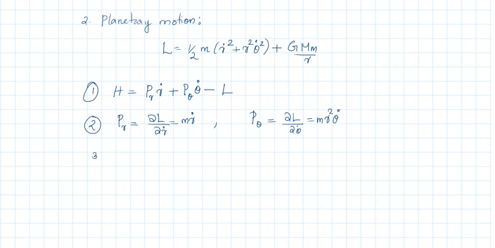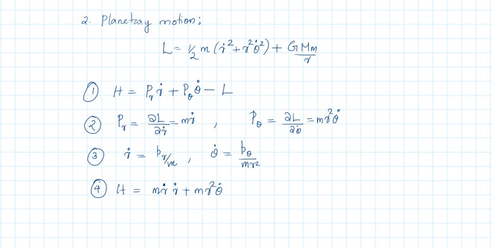In the third step, you can write the inverse relations: r dot is p r by m, and theta dot is p theta by m r square. In the fourth step, you can substitute back the values of p r and p theta into the starting equation. Step 1: it is m r dot into r dot plus m r square theta dot into theta dot minus L, half m, r dot square plus r square theta dot square, plus GMm by r.